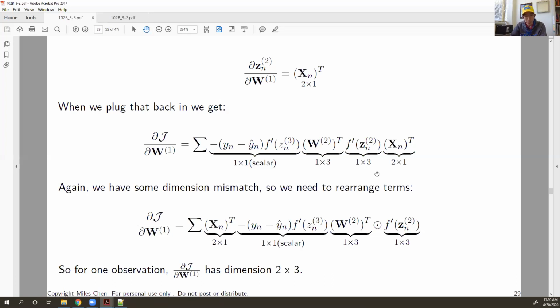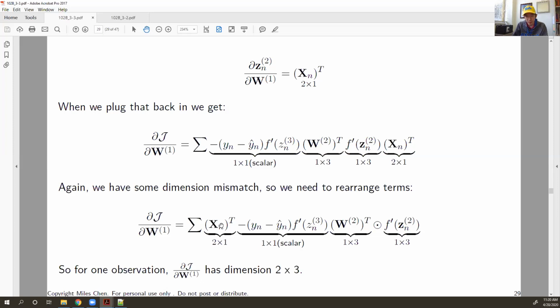Well, we know that the result has to be a 2 by 3 matrix, right? Because W1 is 2 by 3, and the gradient of this loss function with respect to W1 needs to be a 2 by 3 matrix. So I'm going to rearrange a couple terms, okay?